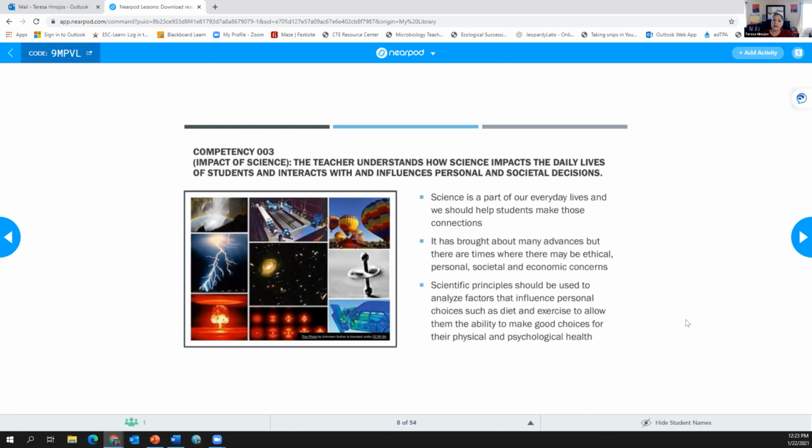So you need to help your students make those connections. So it's not a matter of you telling them, oh, look, I did this or I saw this at home and this is science. It's about asking the kids to bring examples from their life so that you can help them make those connections. So those have to be their background knowledge that's being brought into the classroom.